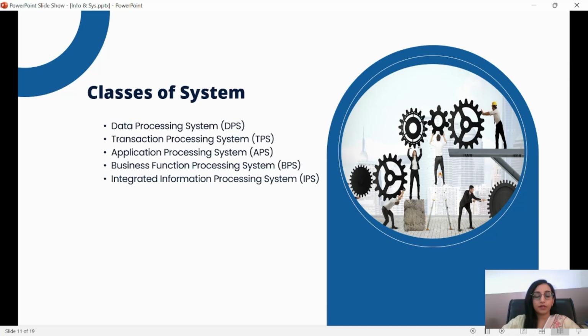Today we covered the information concept and a little part of the system concept. Let's revise a few of them. So first one, we studied what is information and the difference between information and data. Then we covered the definition of information.